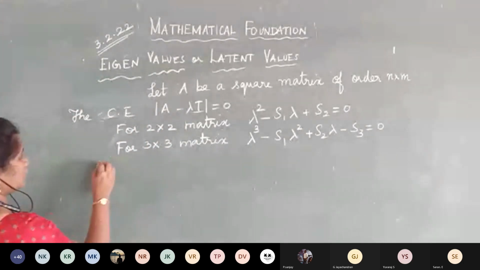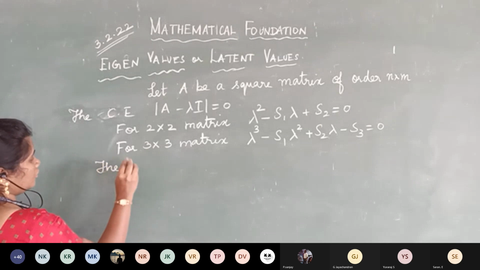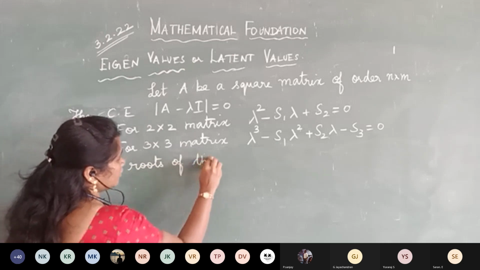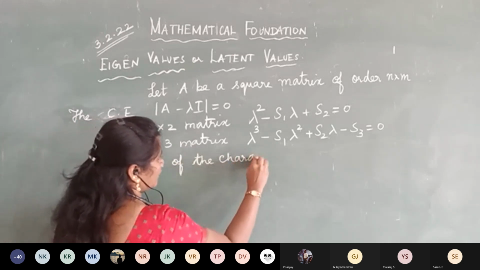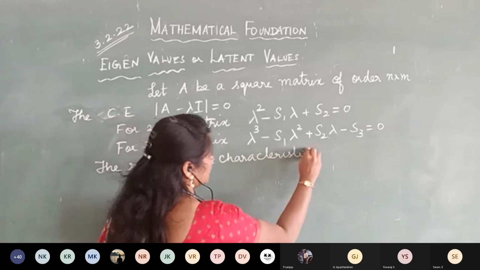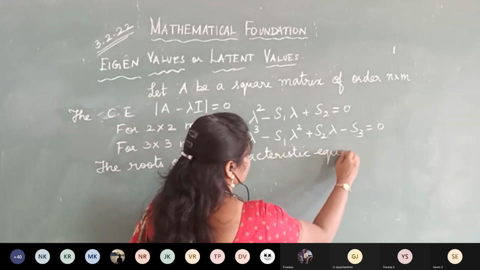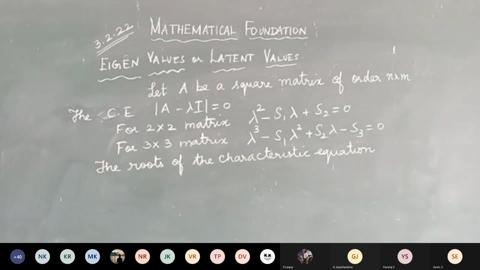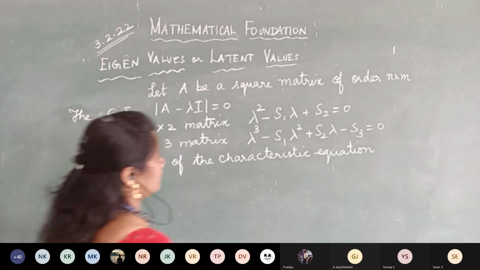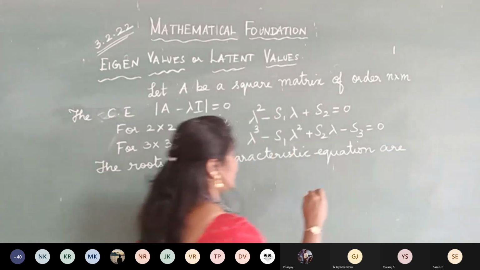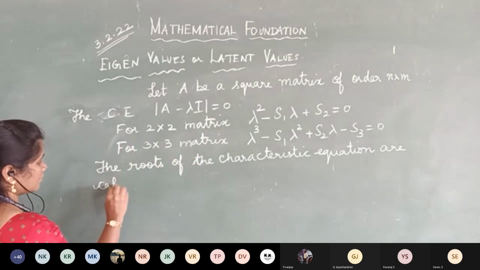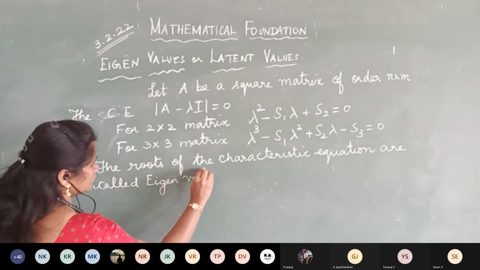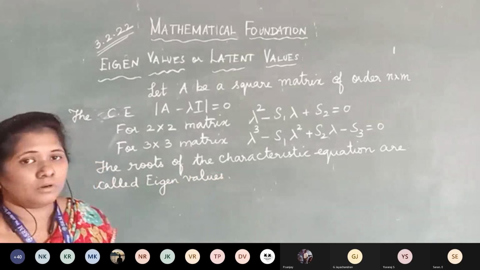After finding out the characteristic equation, you will solve and find out the roots. The roots of the characteristic equation are called your eigenvalues.